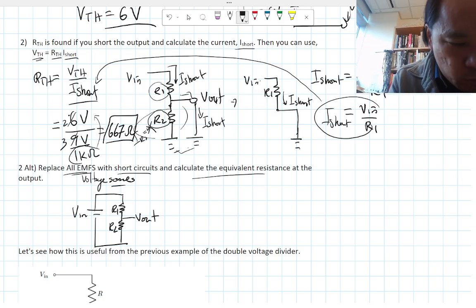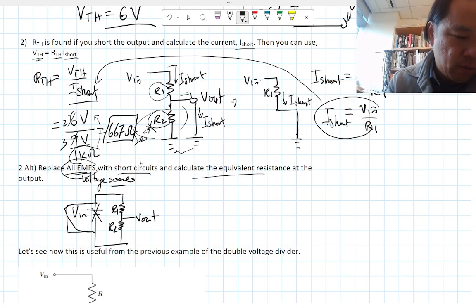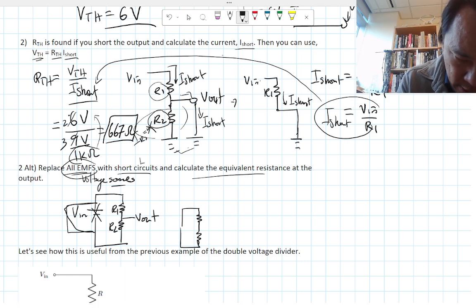Replacing all the EMFs with short circuits means you basically don't do this, and you just connect the wire through this. So there's no EMF anymore. Now this circuit looks like this: V out, R1, R2.